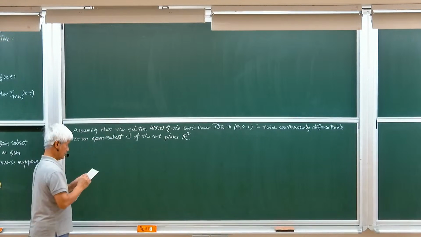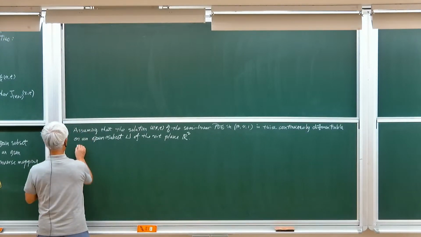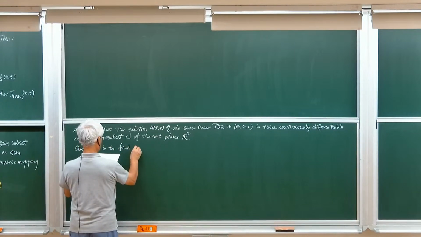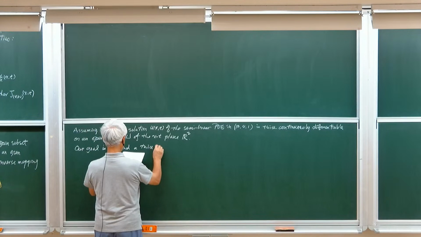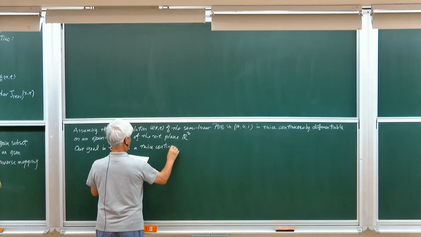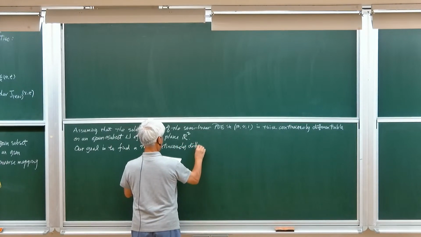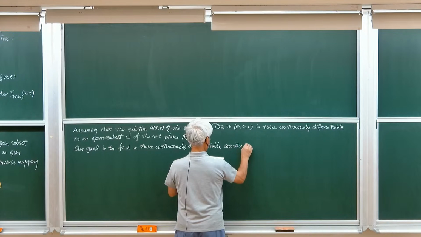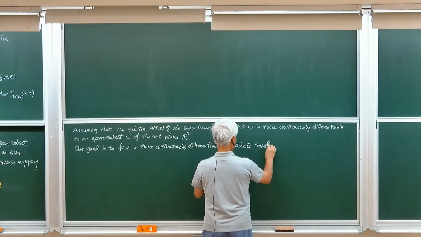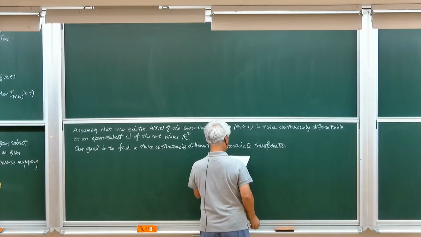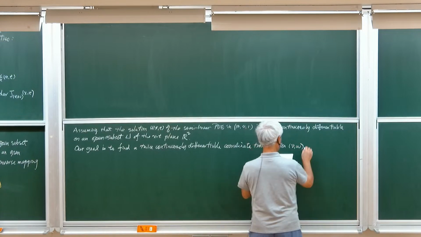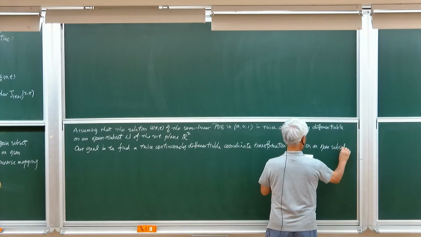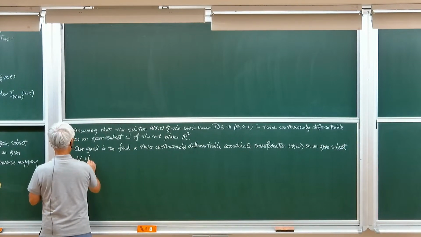Okay, so our goal is to find a twice continuously differentiable coordinate transformation VW on an open subset V of U. Okay.